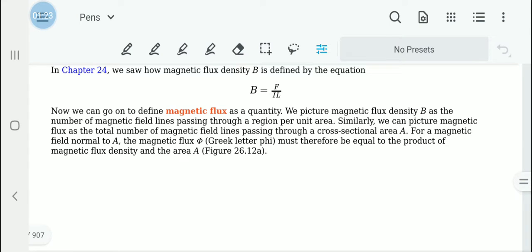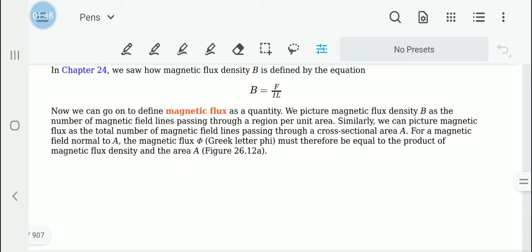Then this particular area, if we take it as A, the magnetic field normal to A, we mark it as the magnetic flux phi. So that must be equal to the product of magnetic flux density and the area.